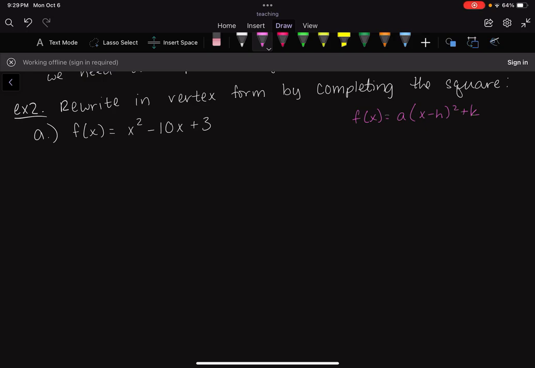In this case, we do not have an a value because we don't have anything in front of the x squared. Well, we do, but it's a 1, so the a value being 1 doesn't do much to our graph.